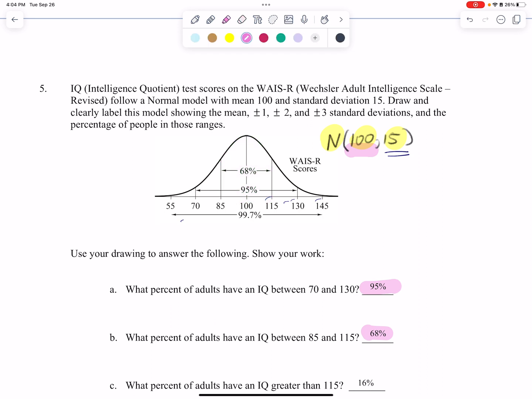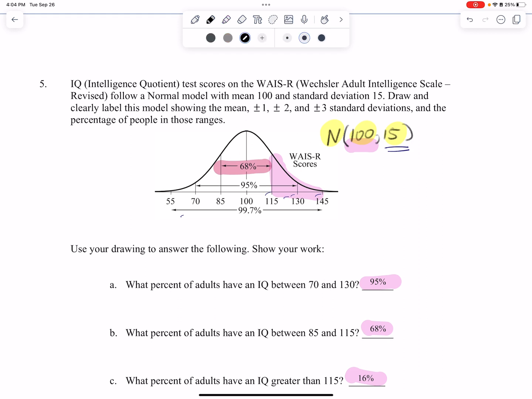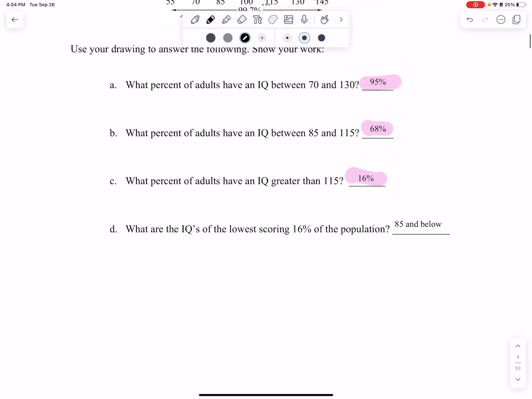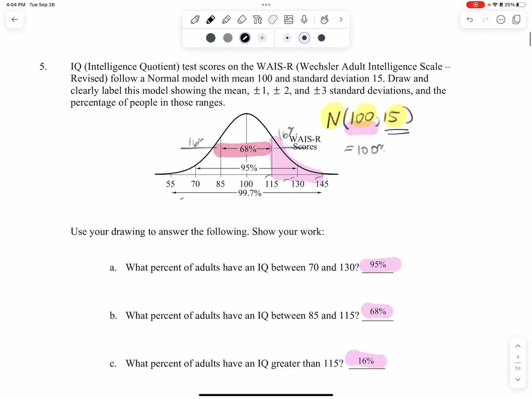Greater than 115 is on the outside of 68, so that's going to be 16, because I have 68 in the middle, 16 on this side, and 16 on this side, and 16 plus 16 plus 68 gets you 100. What are the IQs of the lowest 16%? I already have 16% labeled, and this is the lowest, so that's going to be 85.